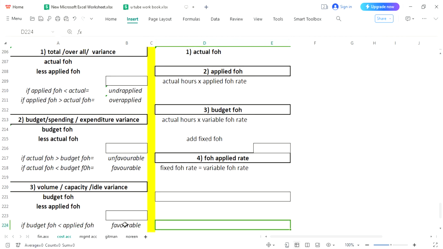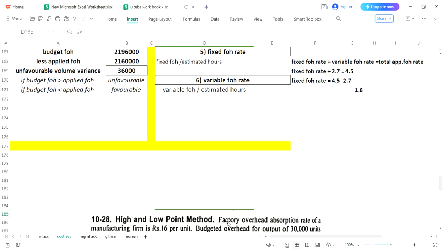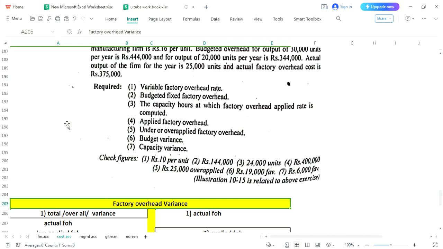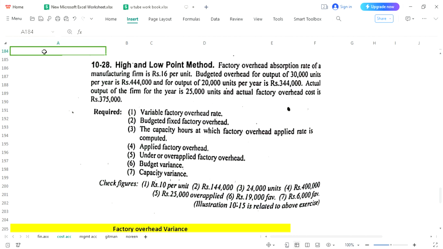We will see how to calculate that, but on number 5 you need the fixed FOH rate, and number 6 the variable FOH rate you will be writing over here. Though the fixed FOH rate has a formula and the variable FOH rate has a formula, when you see your question, it has a little different dimension of calculation of the fixed FOH rate and variable FOH rate.